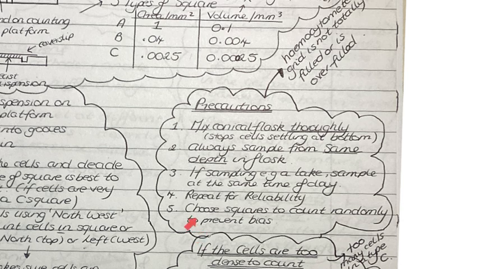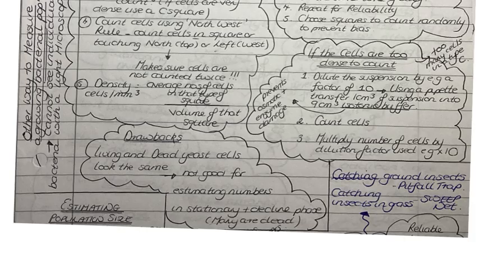So when using a haemocytometer, you wouldn't just count the population once, you would repeat many, many times for reliability. And whenever you're choosing your type A, B, or C squares, the ones that you're actually going to use to count, select them randomly, and that prevents bias.